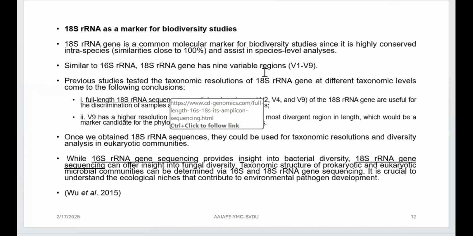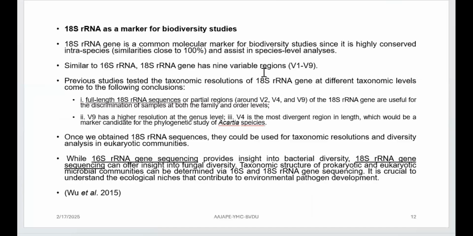Now when it comes to 18S rRNA biodiversity studies, as we have seen, it is again a common molecular marker for biodiversity identification of eukaryotic isolates. Similar to 16S rRNA, the 18S rRNA gene has 9 variable regions, right? You have to go for the 18S rRNA full length sequence or partial regions like V2, V4, and V9. V9 has higher resolution at genus level.